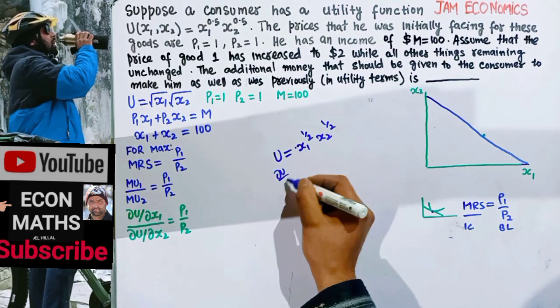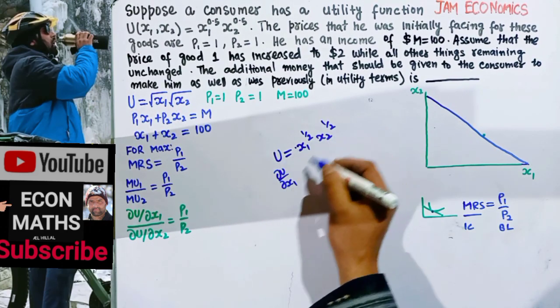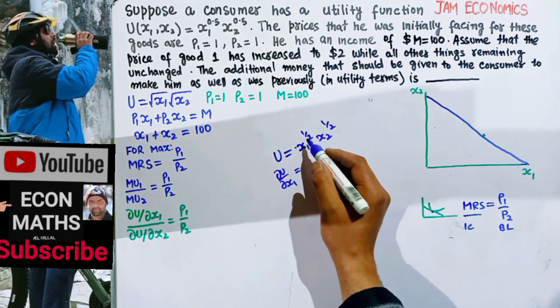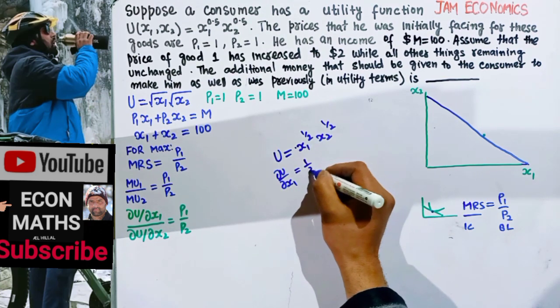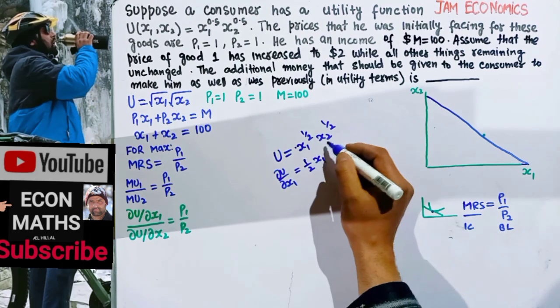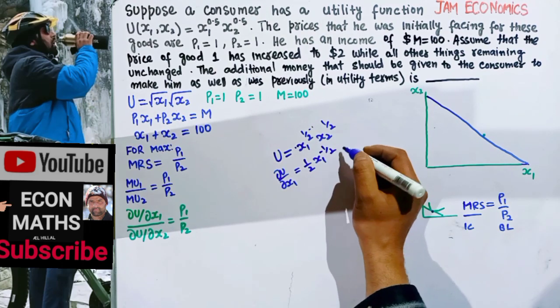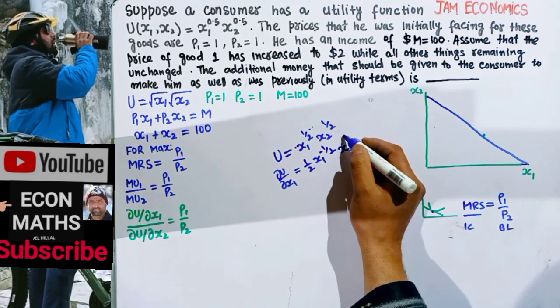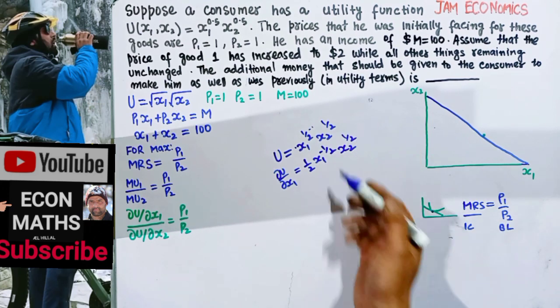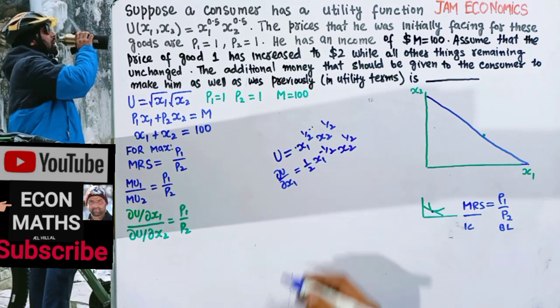Du upon dx1 means the derivative of this function partially with respect to x1. So we have exponent 1 upon 2, it will become coefficient, x1, and exponent will be subtracted by 1 by power function rule. It will become minus 1 upon 2. x2 will remain the same, 1 upon 2, because we are taking derivative partially with respect to x1.